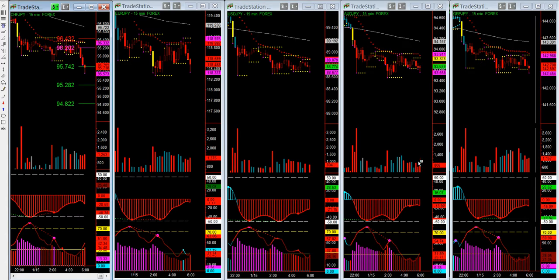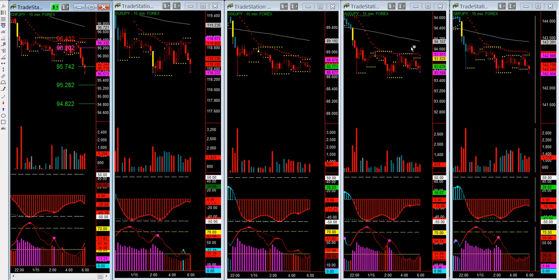Over on the Aussie yen, pulled back to the ATR here. Now this one, it looks like it's increasing volume, so that one I would not have entered. And then of course you have the GBP JPY. Again, you did not get your diverging volume until this bar here.